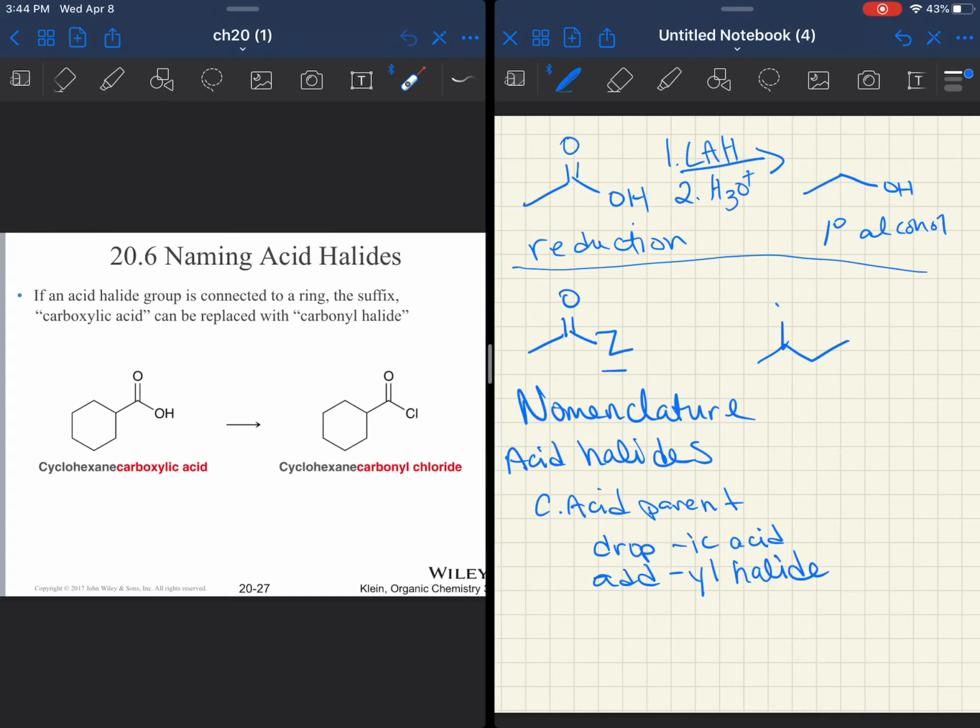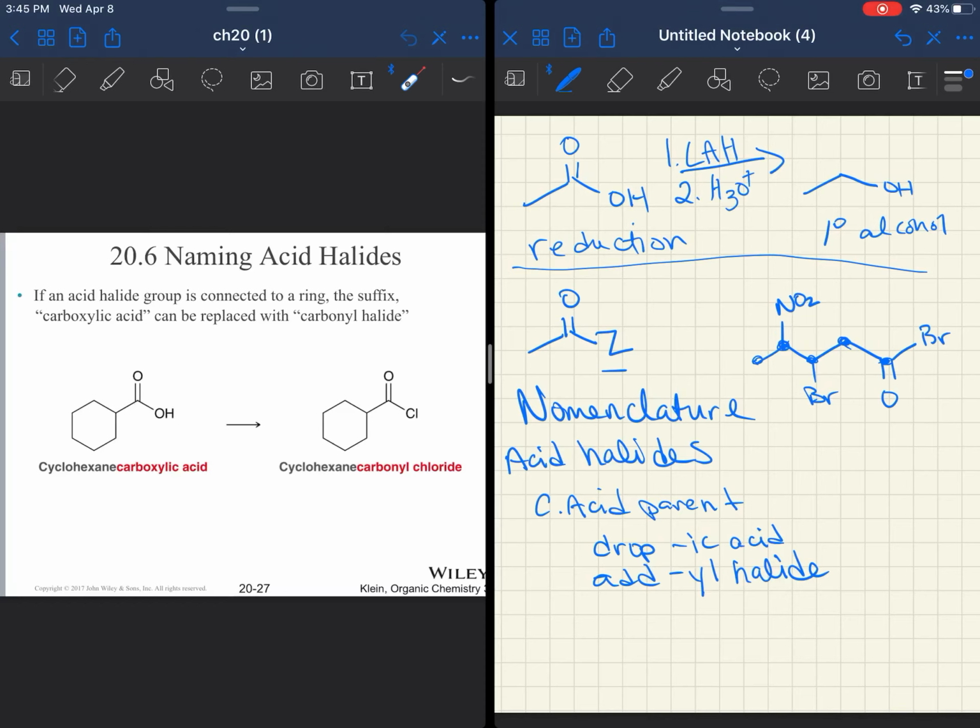And let's do a practice problem before we move on to anhydrides. So let's take a few interesting functional groups. How might we handle this?